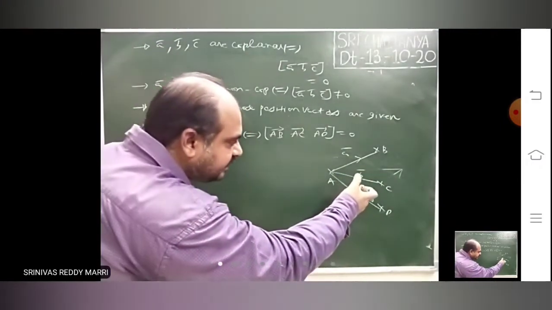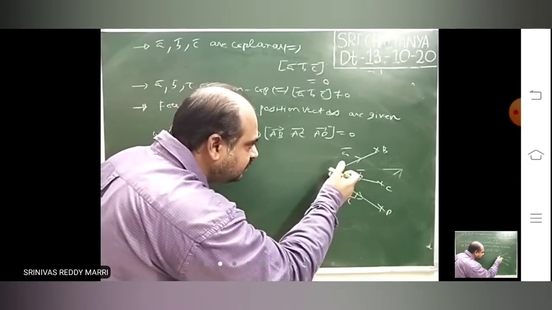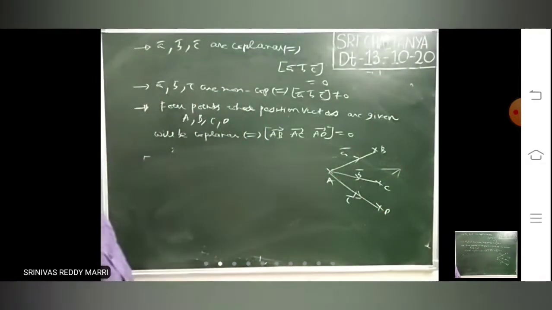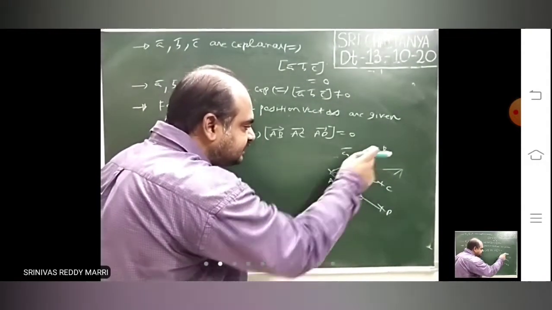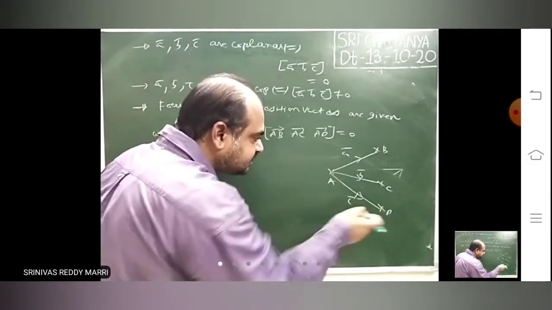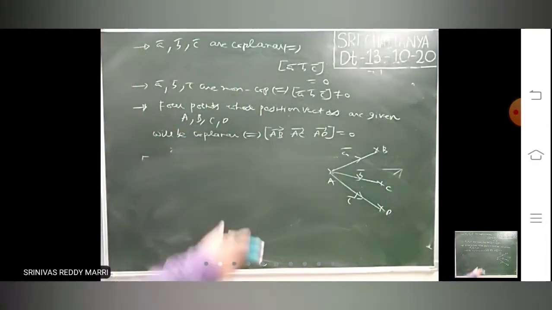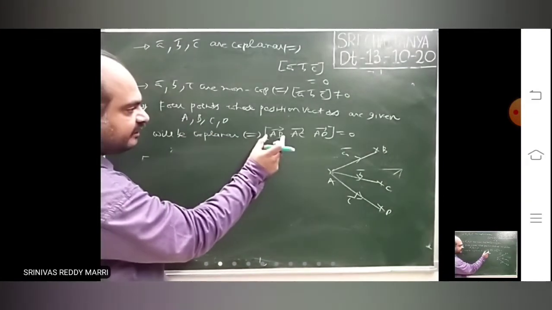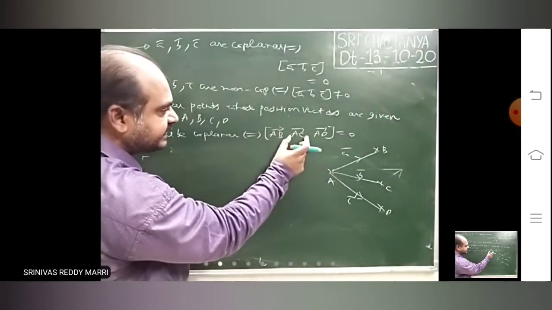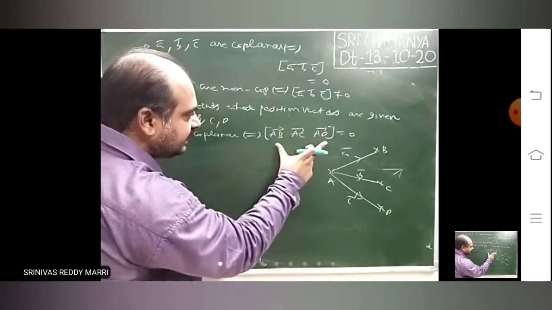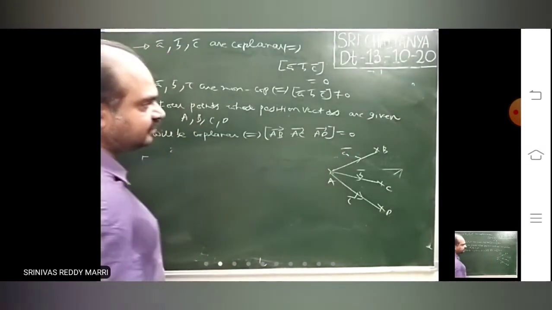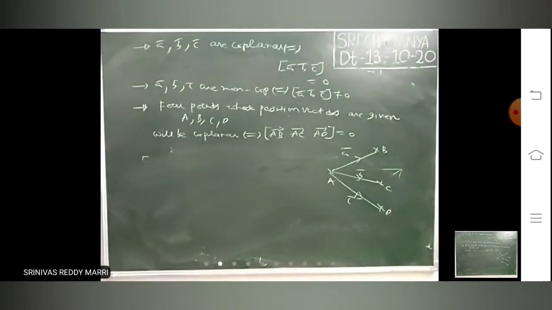Then the volume formed by the parallelepiped is 0. If their determinant is 0, then the 4 points will lie on the same plane.